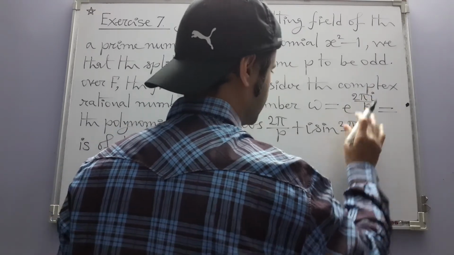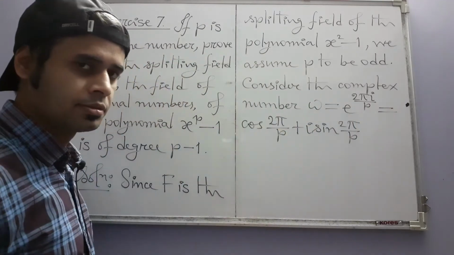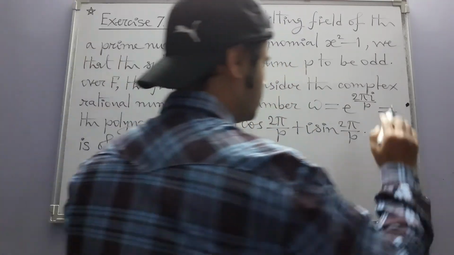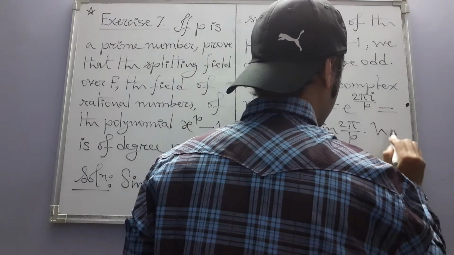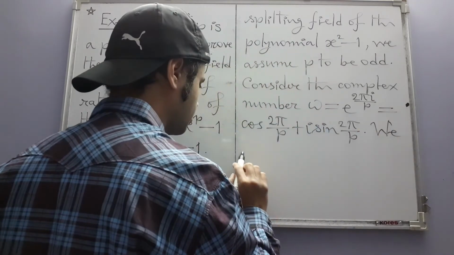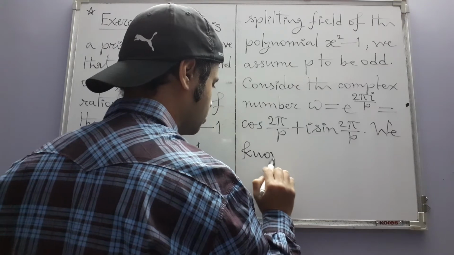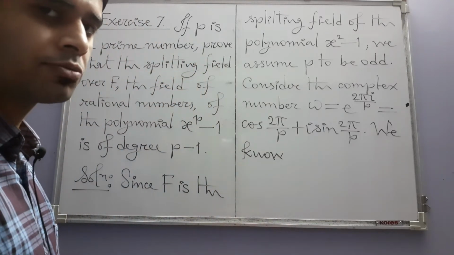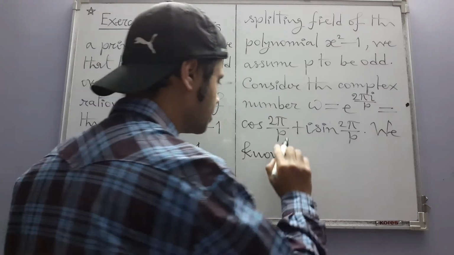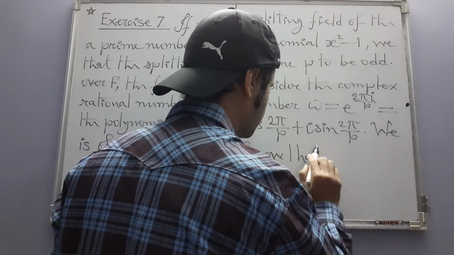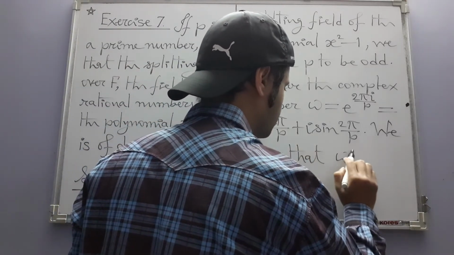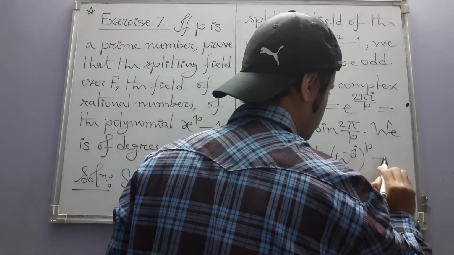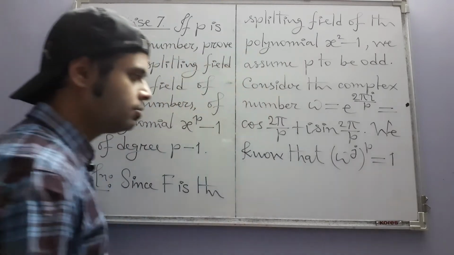This is just another way of writing this unimodulus complex number. We know from elementary properties of complex numbers that this thing is equal to 1.